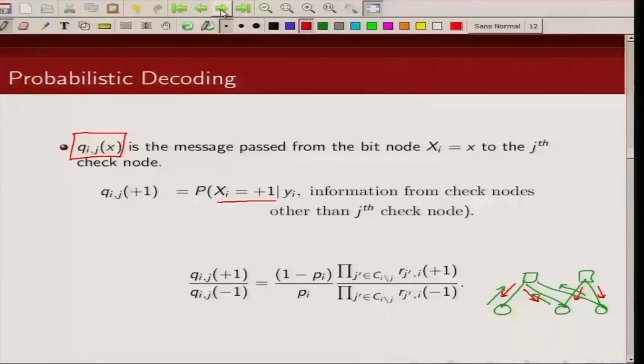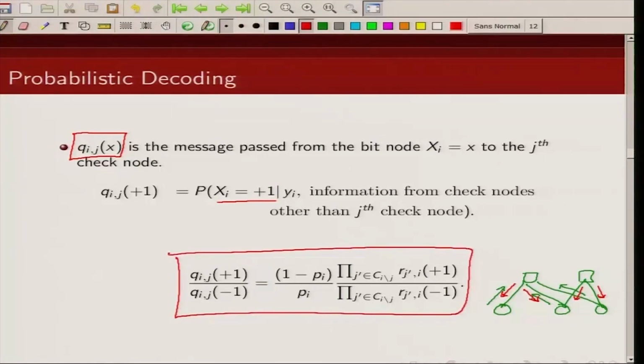So, what is happening is when you are decoding, because each bit is participating in multiple parity check equations, you are getting some independent information from other parity check nodes, and that information you want to pass and spread around in this network, and this probability is given by this expression.